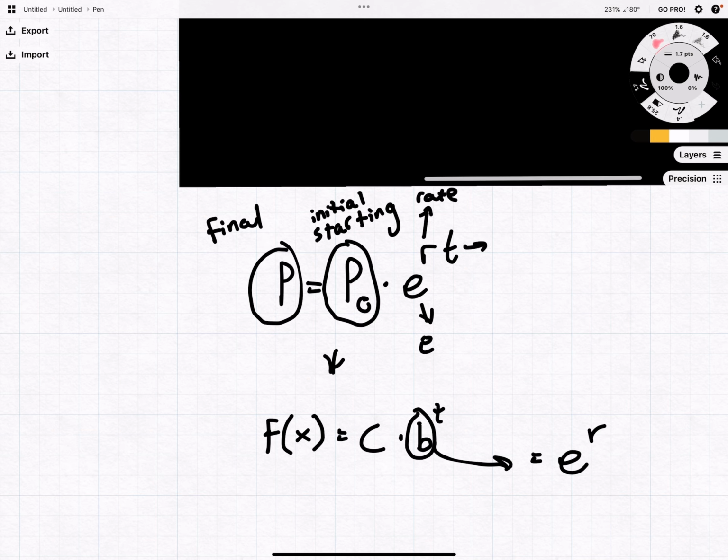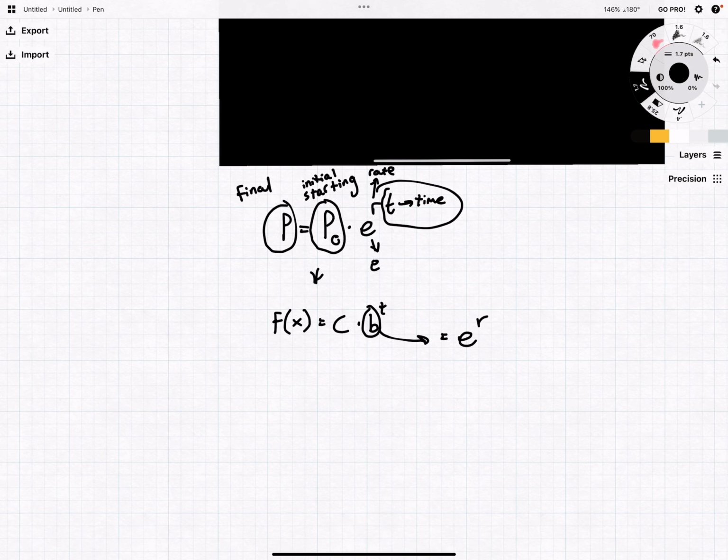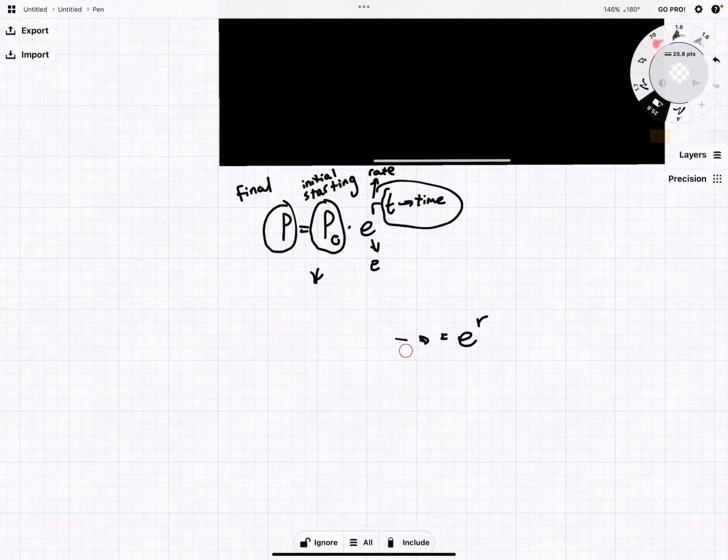And T is time. The time can be measured in anything: seconds, minutes, hours, days, anything really. You just have to make sure that you adjust for that and you're always using the same unit of time for T. So that said, I'm going to erase this f of x equals c times b to the t, and let's go ahead and get started.